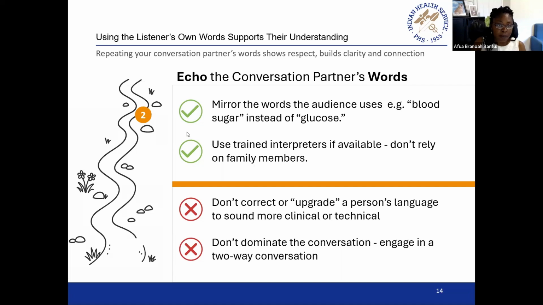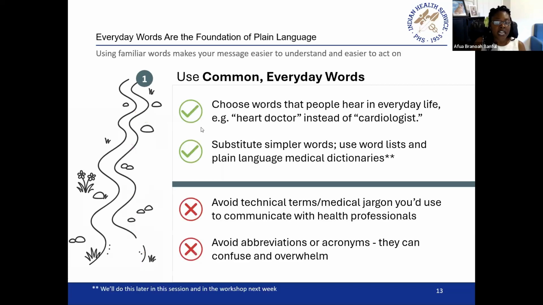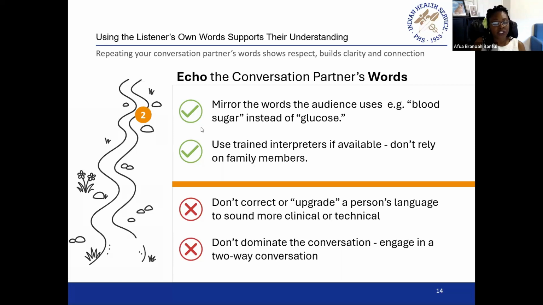So let me just flip back to the path of the 6. There's still things we can do even when part of the number 2 is not available. Ideally, you would want to be able to use trained interpreters, but sometimes it's not. I understand that. Right.